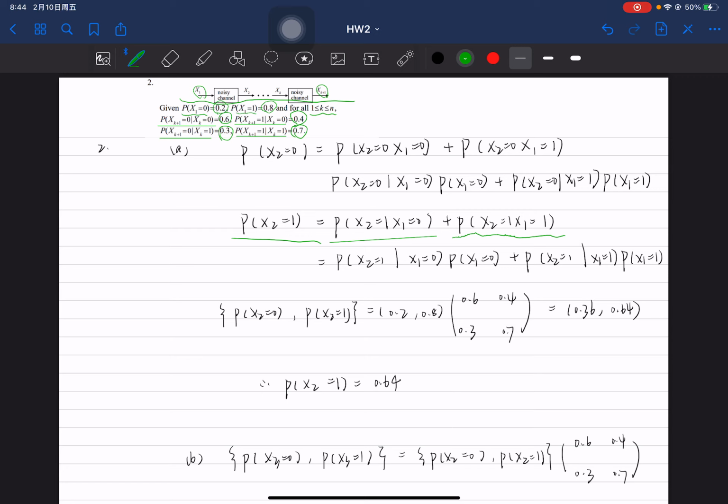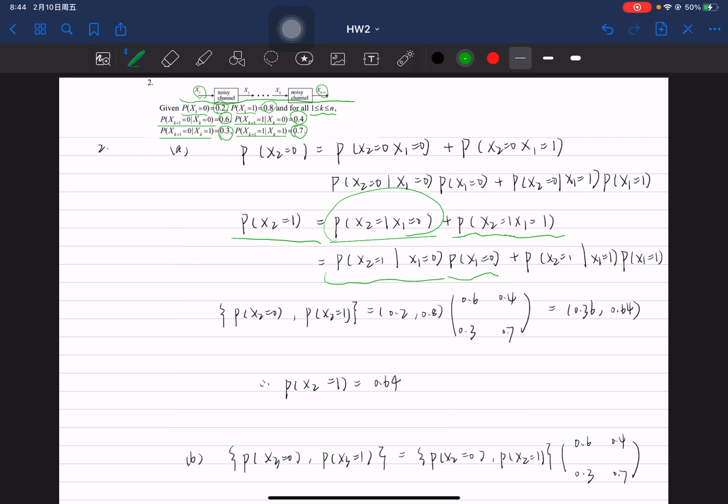According to the conditional probability definition, the probability that x2 equals 1 and x1 equals 0 both occurred equals the conditional probability of x2 equals 1, assuming x1 equals 0, times the probability of x1 equals 0.